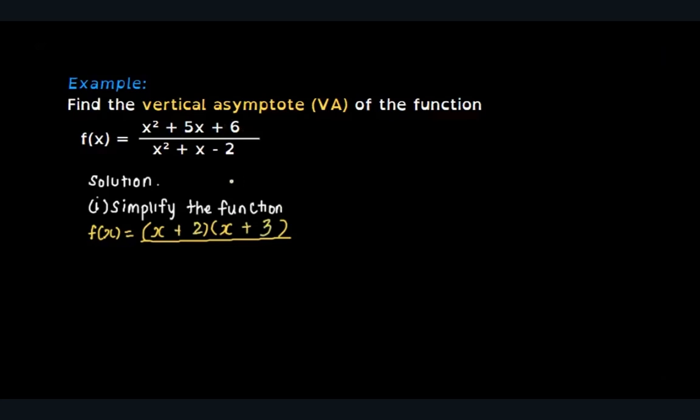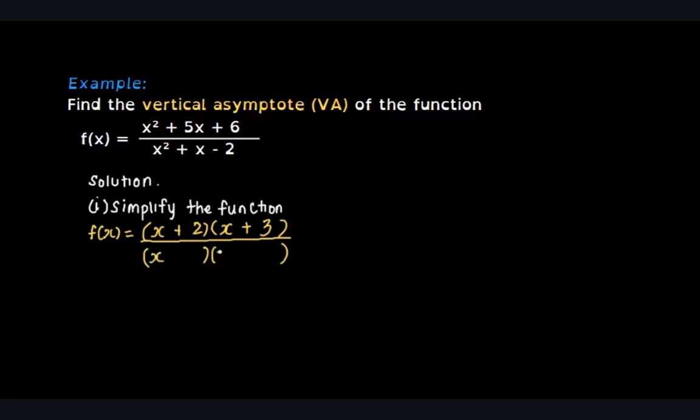Pareho silang positive, no? So, bakit kaya nangyari yun? Kapag minultiply natin si 2 and 3, alam natin yan ay 6. Kapag pinag-add natin si 2 and 3, alam natin na yan ay magiging 5. Okay? Doon sa denominator naman, kunin natin yung factor nila. So, first is to factor out the x squared.